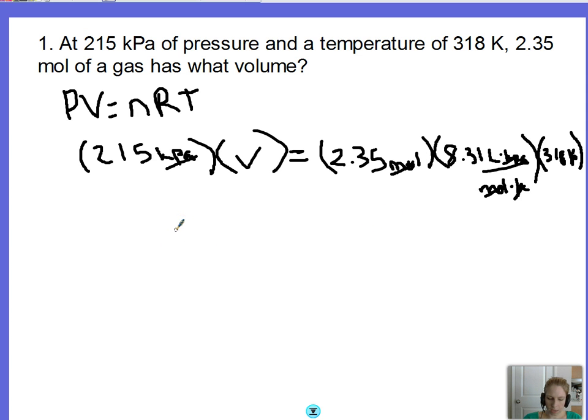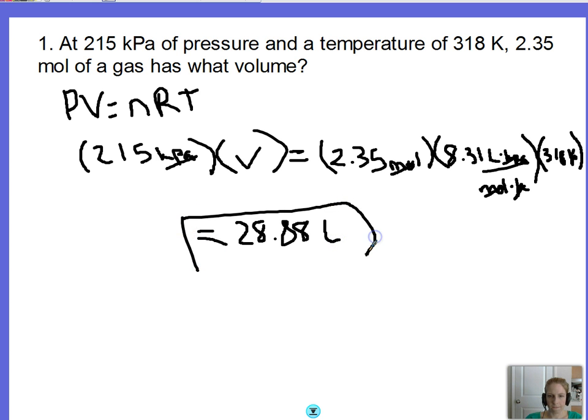So once we do the math on this, you're going to multiply 2.35 times 8.31 times 318 and divide it all by 215, we are going to get 28.8 liters. So that is our final answer.